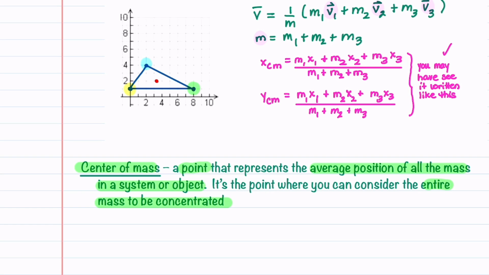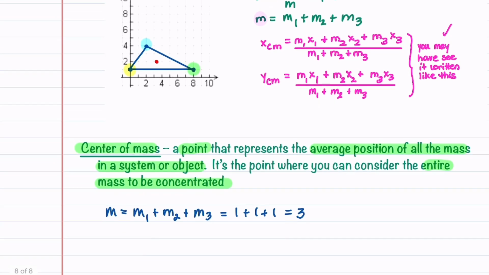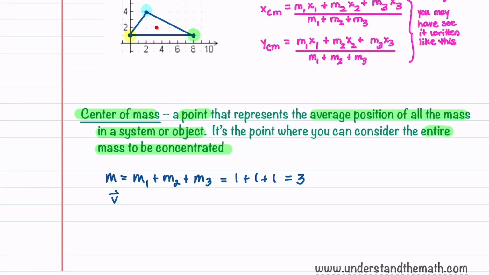Since we have 1 gram point masses added at the 3 vertices, our m is going to be m1 plus m2 plus m3, and that's going to equal 1 plus 1 plus 1, which is 3. Our V bar then is equal to 1/3 times V1 plus V2 plus V3.